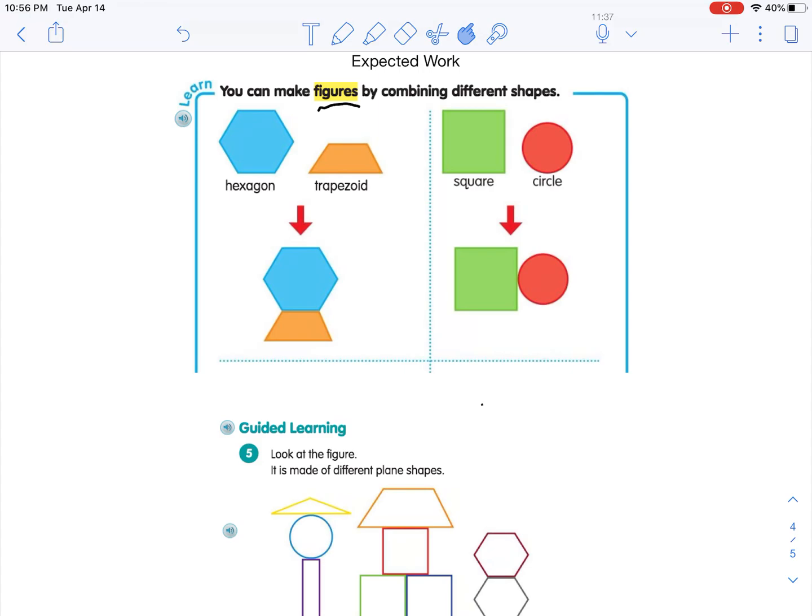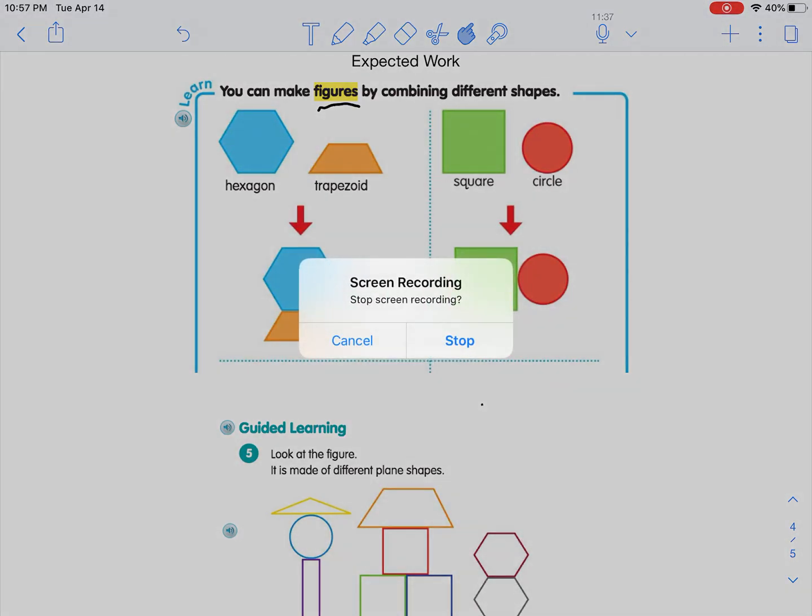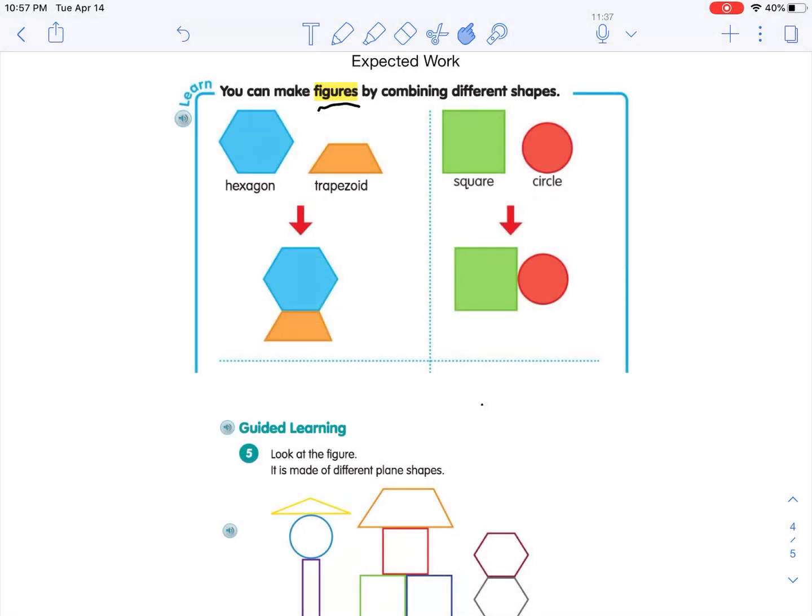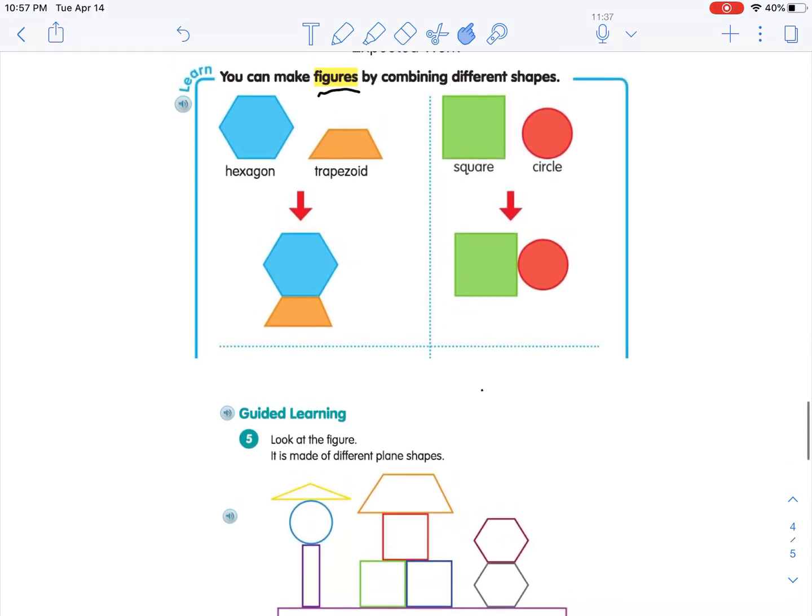So I'm going to say it one more time. When I combine two or more shapes, I am left with a figure. All right, let's go and see what we can come up with.